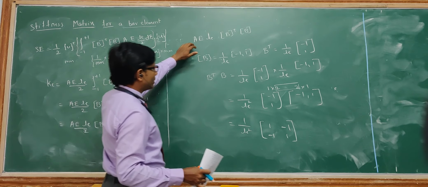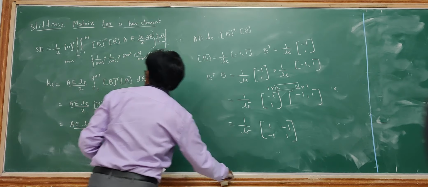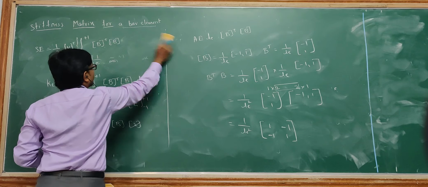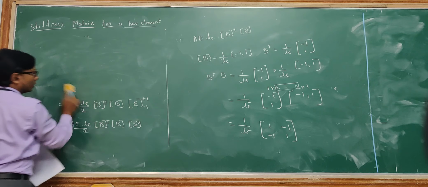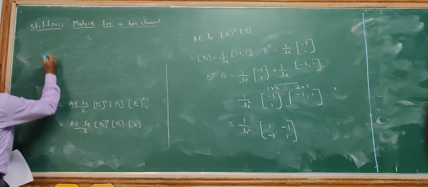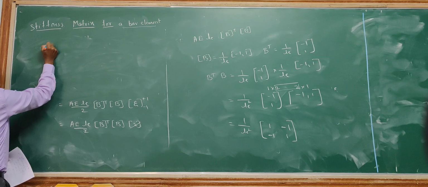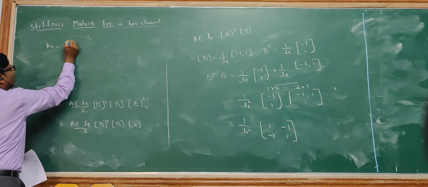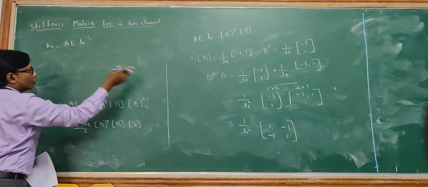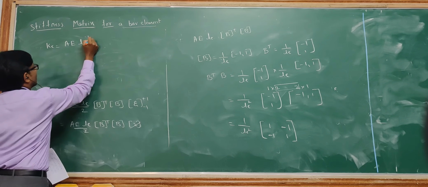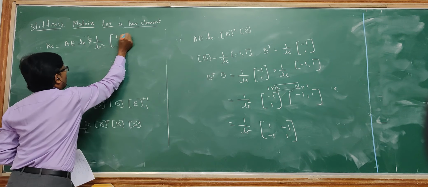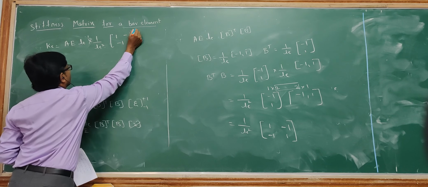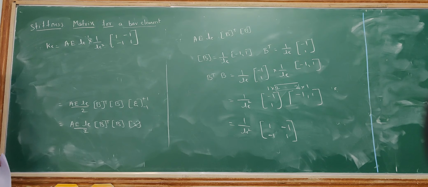I just substitute here. KE is AE LE, and B transpose into B is given as 1 by LE square into [1 -1; -1 1].